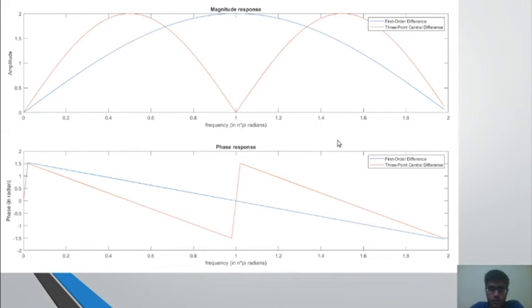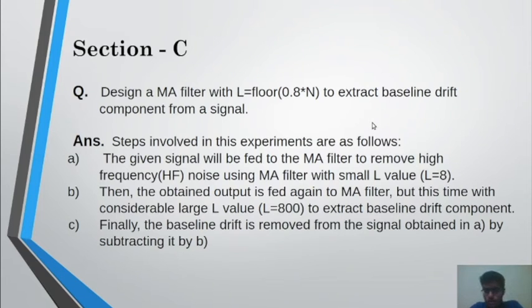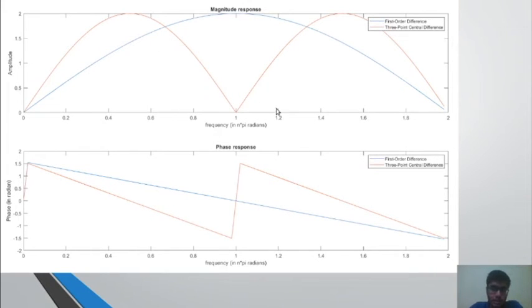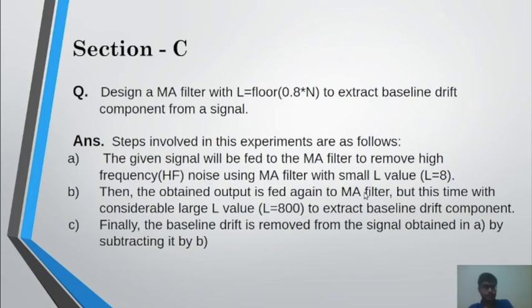So these are the two things we got, magnitude response and phase response. Later I will show another plot which will help us visualize this better, as I have taken more values of L to show how changing L will affect the low pass filter property of the differential filter.